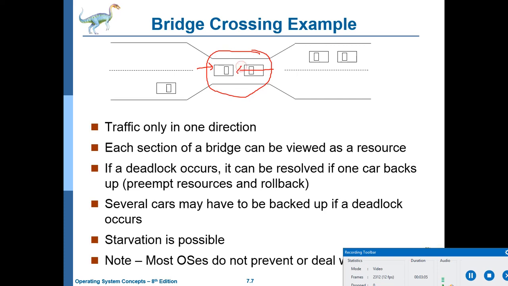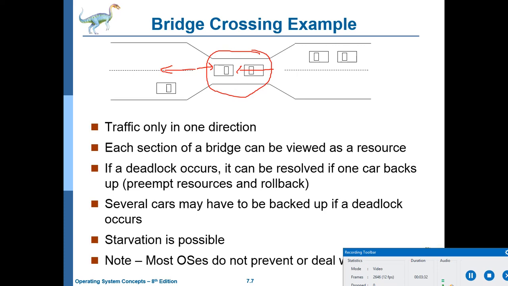They are deadlocked, because only one car can pass. The subsequent cars coming from behind will be lined up. So this is an example of a deadlock situation. This problem can only be solved if one car backs up. It preempts the lane so that it can be used by only one car at a particular time.